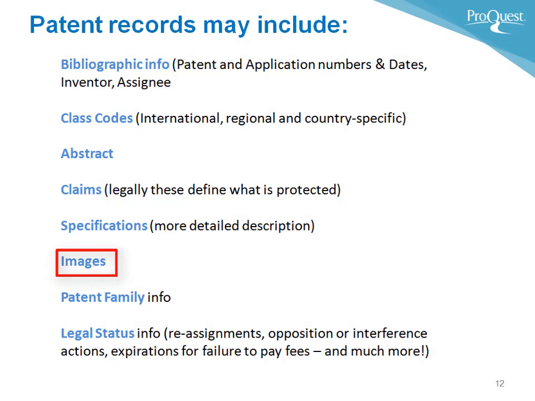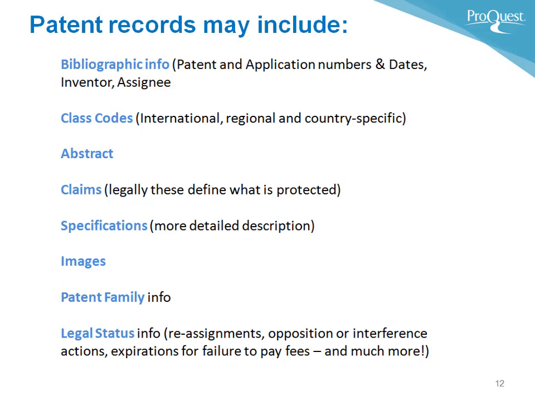There may be images and a patent family, which we'll talk about in a bit, but basically it's a group of patents that are related to each other, either because they're basically the same patent in different countries, or because they share some, if not all, of the same application numbers, cited as priority, or previous applications that the applicant is relying upon in addition to the current application.